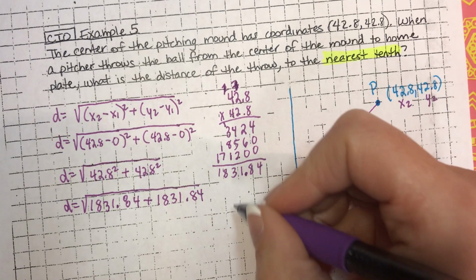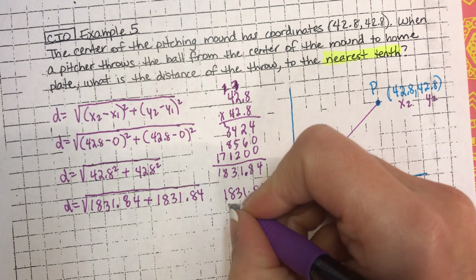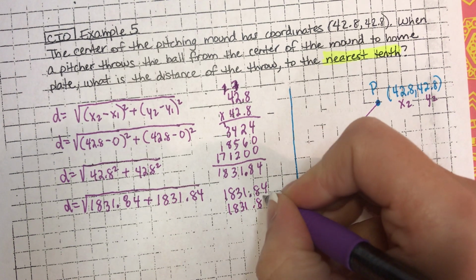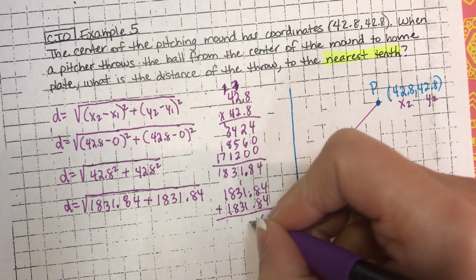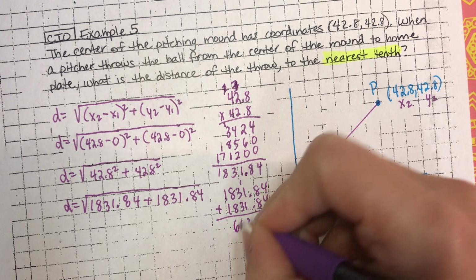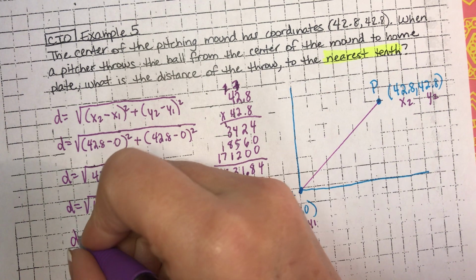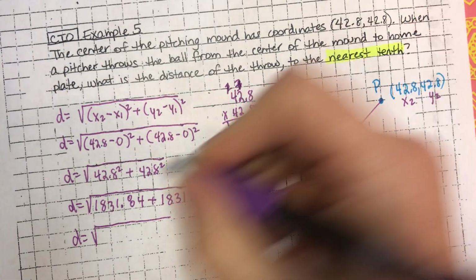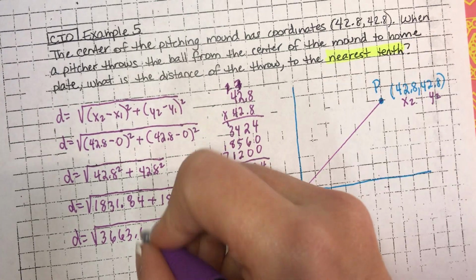Then we need to add these two together. We're going to add both of these numbers together. 8 plus 8 is 16, carry the 1, and that's 3. So there we go. The sum is 3,663.68.